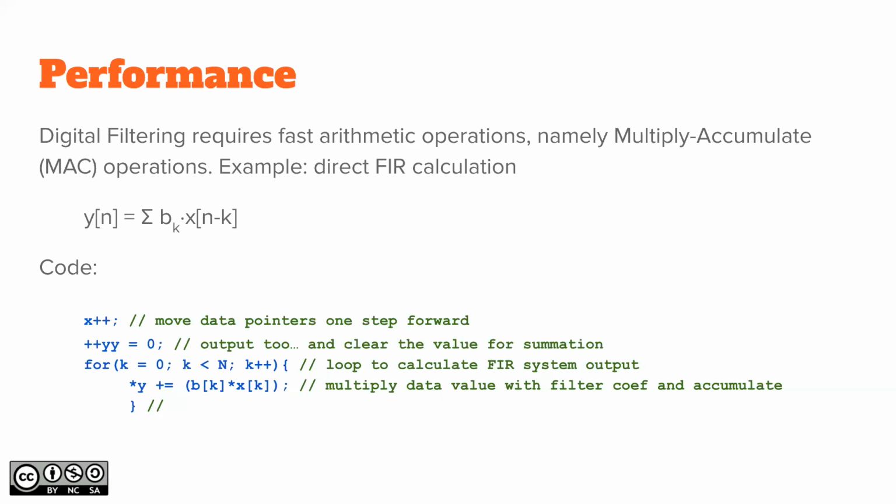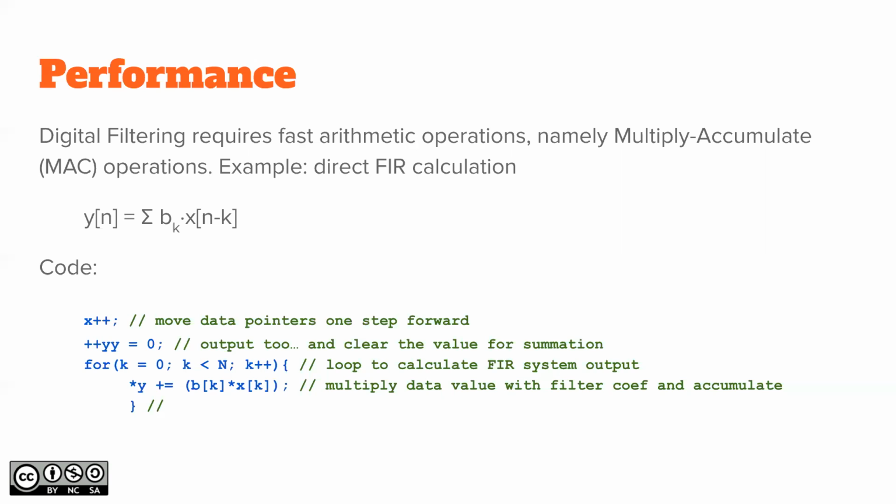But anyways, performance comes from how many multiply accumulate operations you need to do. For example, the FIR calculation has nothing more than multiply accumulate operations, meaning accumulate is summing on top of the previous sum.